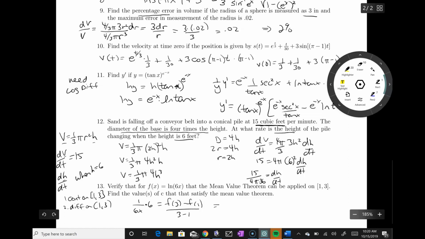So this left-hand side turns into 1 over x equaling ln of 18 minus ln of 3 all over 2. So I can cross multiply, and that gives me x is equal to 2 over ln of 6, because ln of 18 minus ln of 3, you can do division.